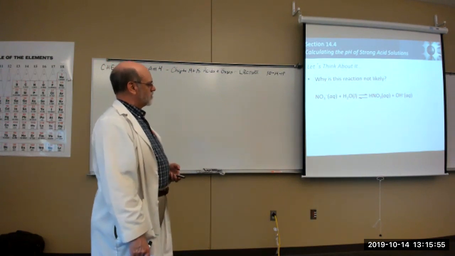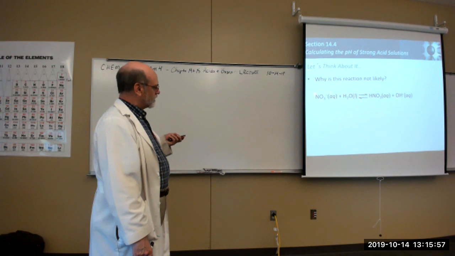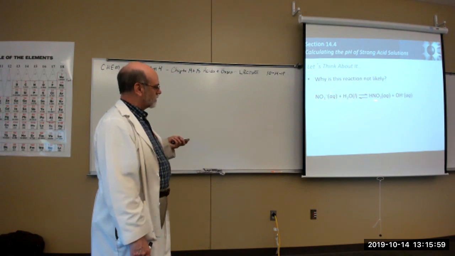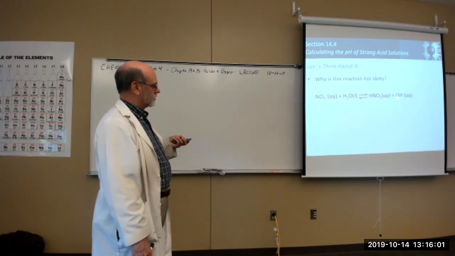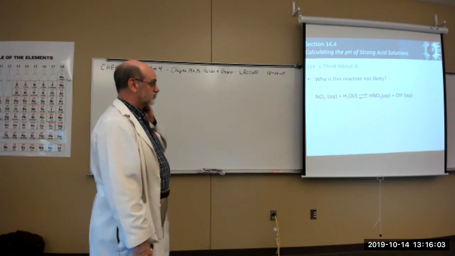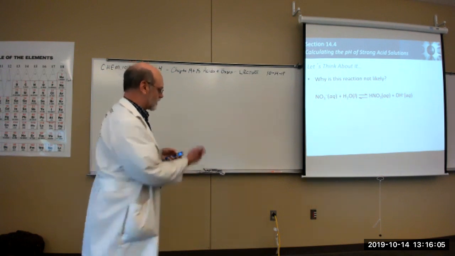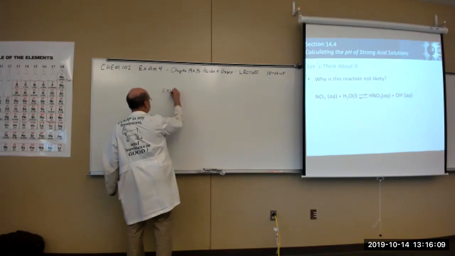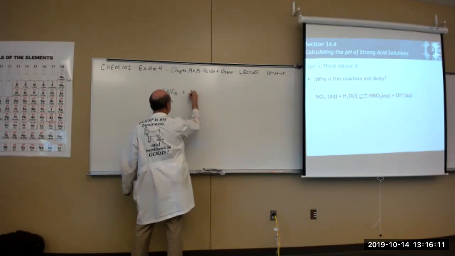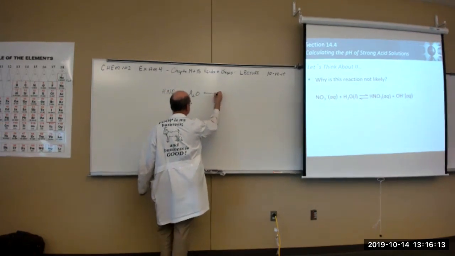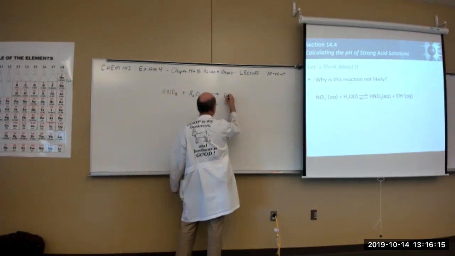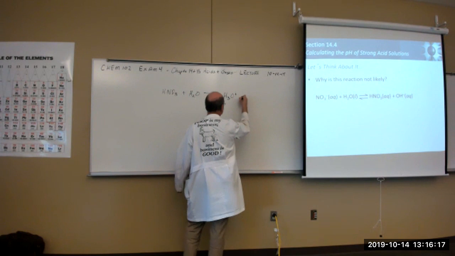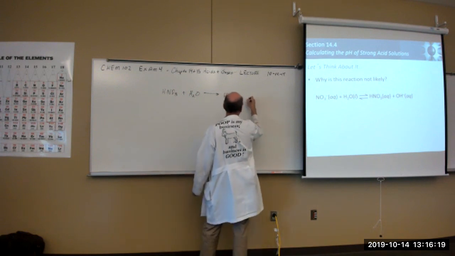Then why would we not get the nitrate reacting with water to generate hydroxyls? Look at it this way. So here's our nitric acid plus water gives us the hydronium plus the nitrate.